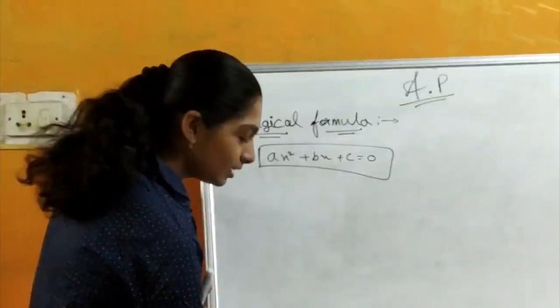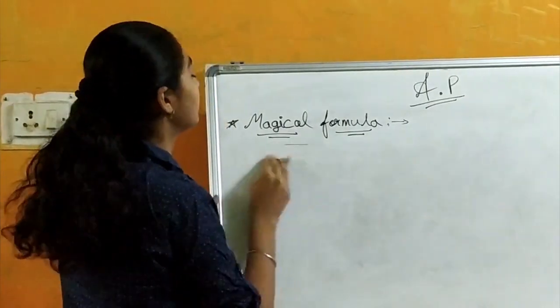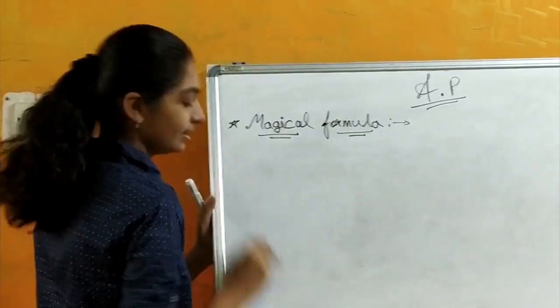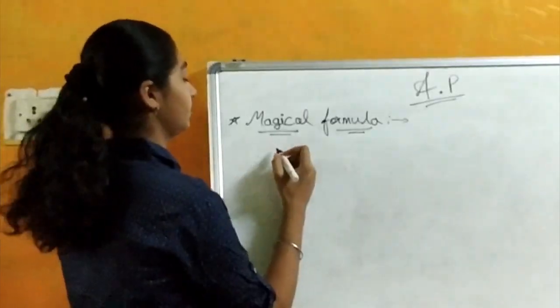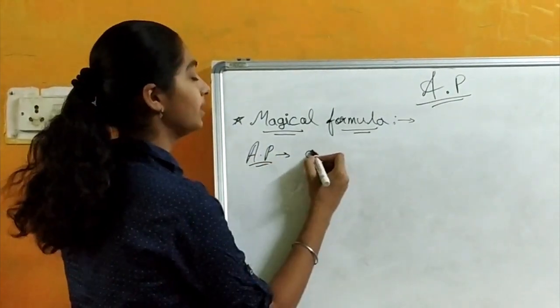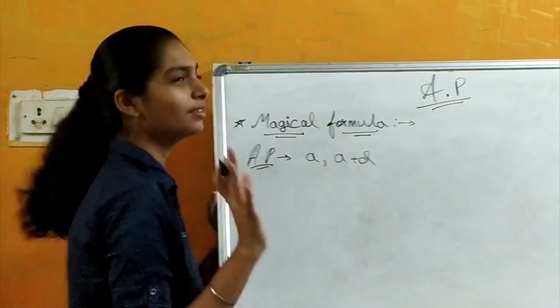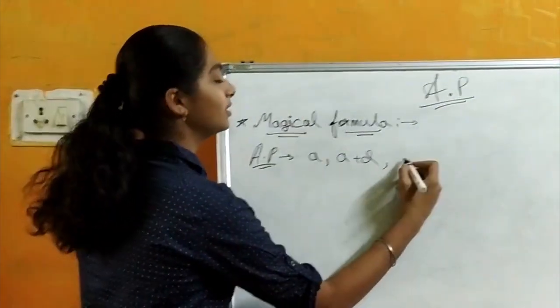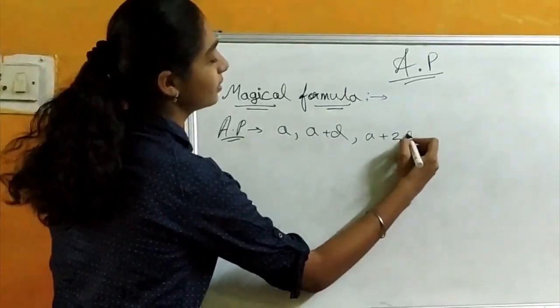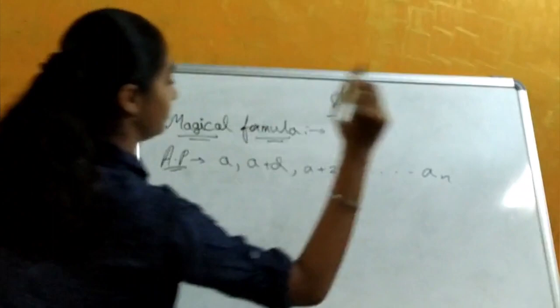But this AP also has a standard series, that is, say AP: a, comma, a plus d, and so on till a. Confused? Wait, I will tell you. I will just write this.